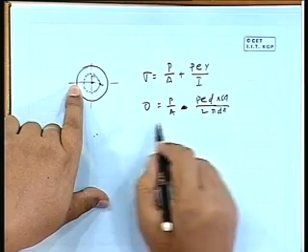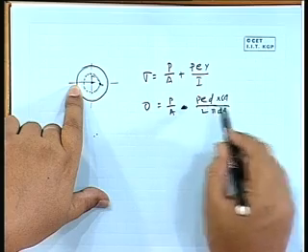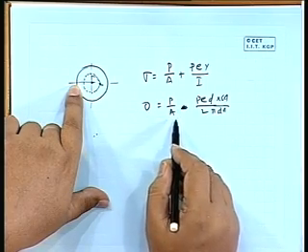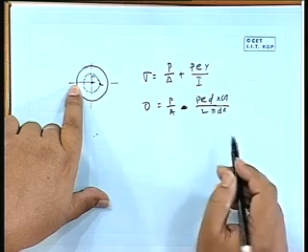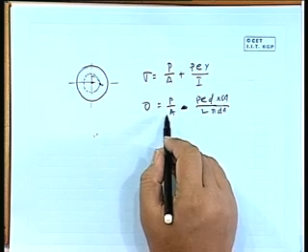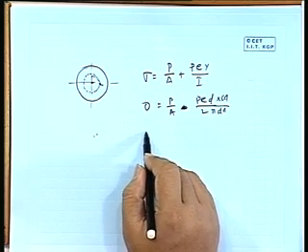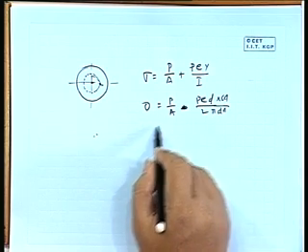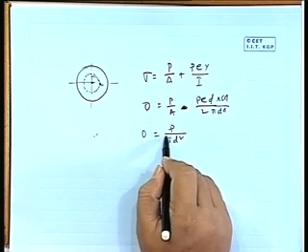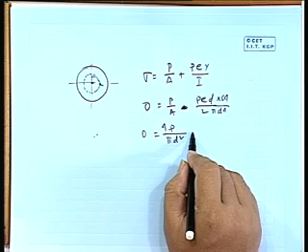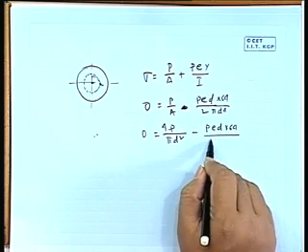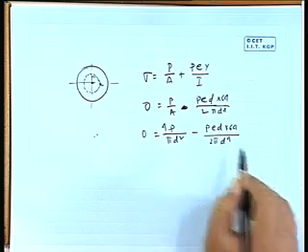From here if we calculate e, we can write P pi D square divided by 4 minus P e D by 64 over 2 pi D to the power 4.